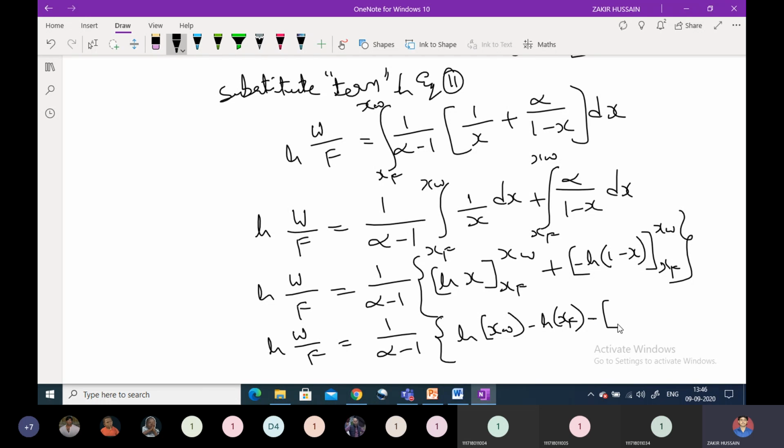So now we can write ln 1 minus upper limit xw, then plus, let us not substitute the plus sign. So this will be minus upper limit minus lower limit. So minus minus will become plus, then it will be 1 minus xf.